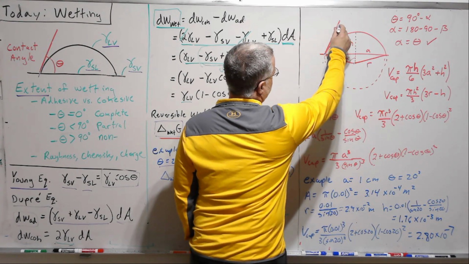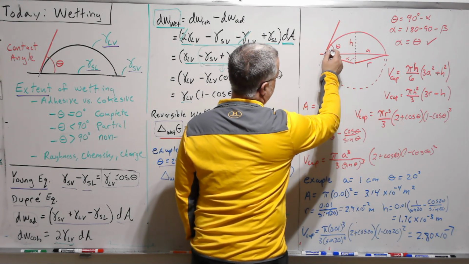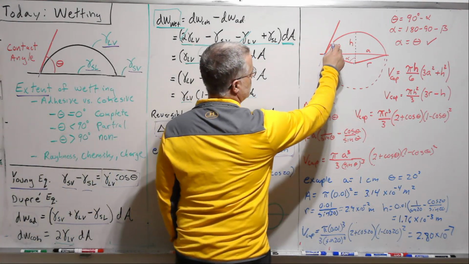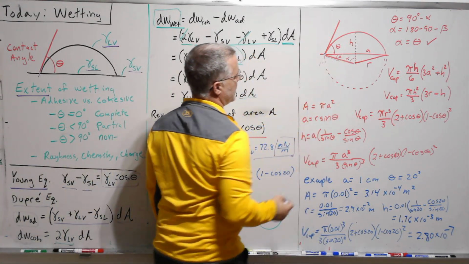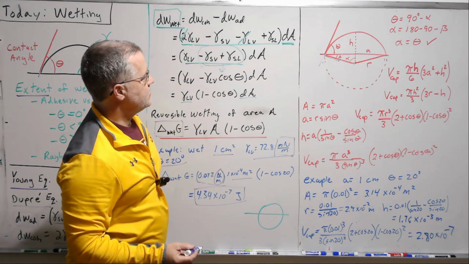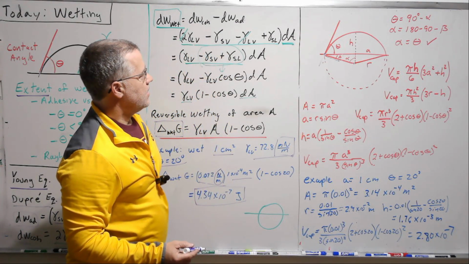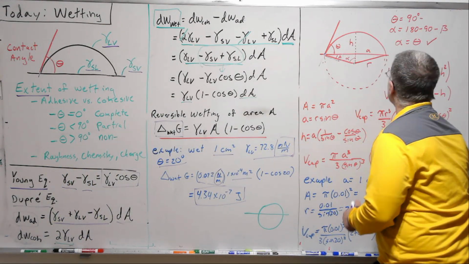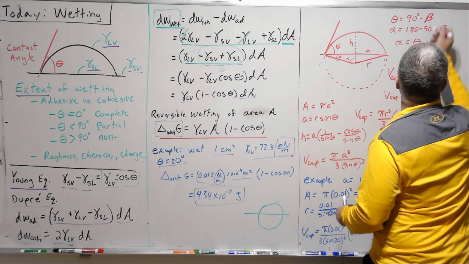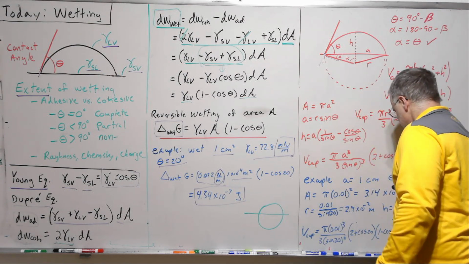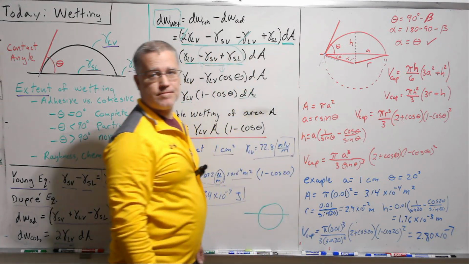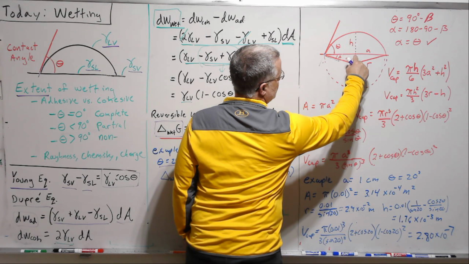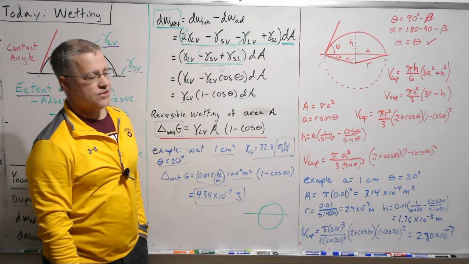Well, we can see that if this is tangent, then this is a 90-degree angle here. And so our contact angle plus this angle here, we'll call that beta, is 90 degrees. Oops, I had this wrong here. In other words, theta is 90 degrees minus beta. Now let's cast a line straight up like this, such that we intersect perpendicular to the surface.